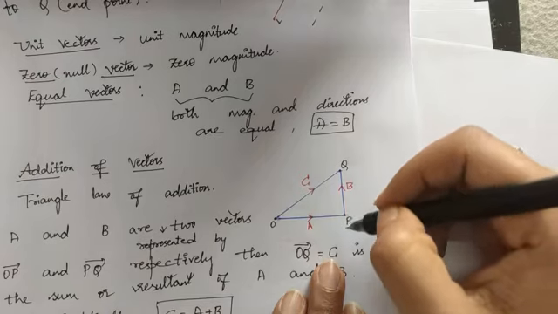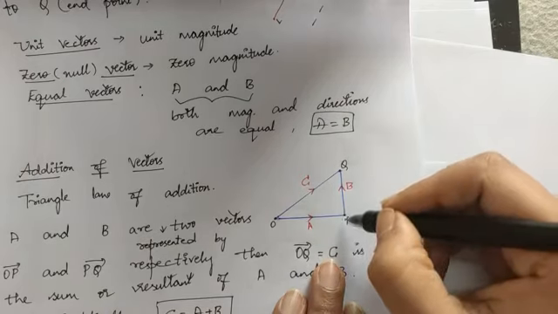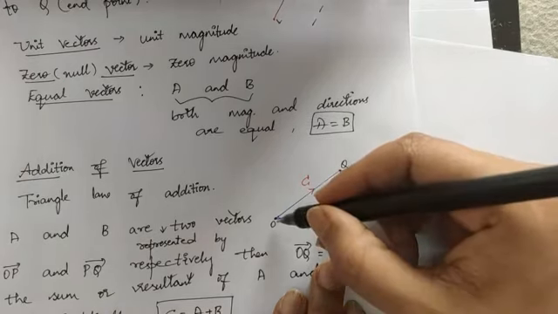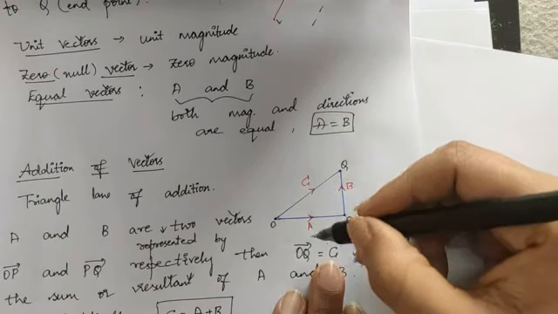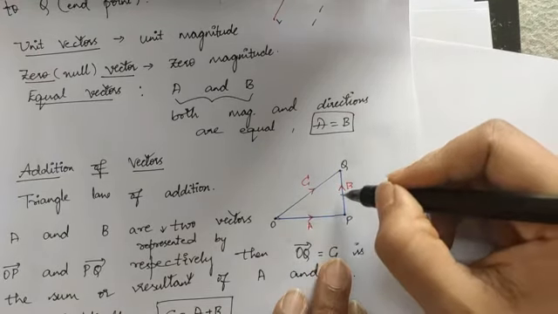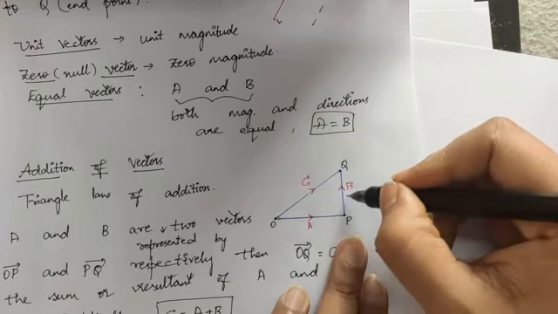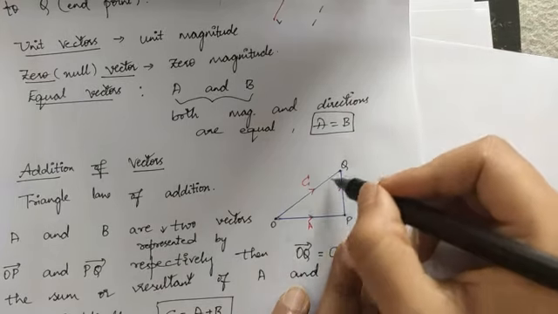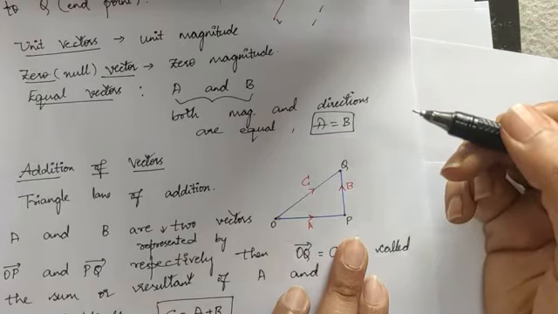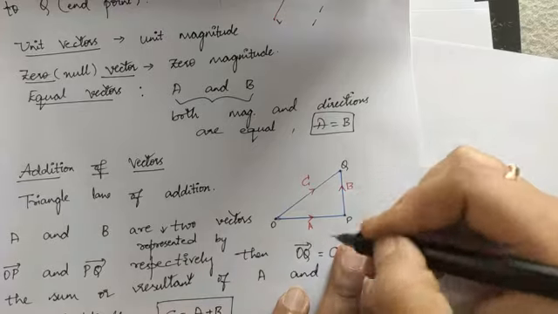If you draw it on the negative axis, you will get a resultant vector here, that is C. If you draw the arrow mark in a downward form, then C will be A minus B. This is how you can express it graphically. This is about subtraction of vectors.